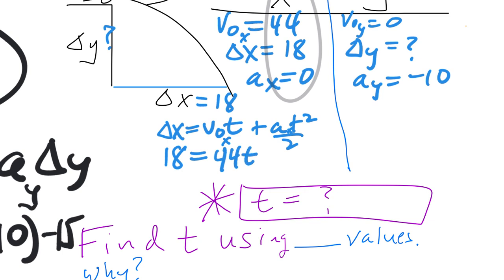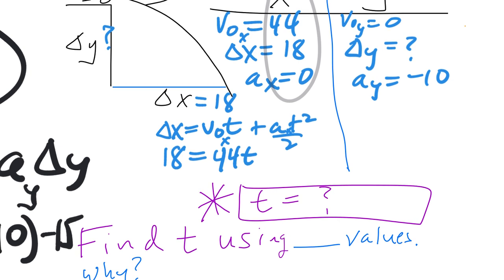Remember, we're always trying to find the time first if it's not given. And AX is 0, so it cancels this whole term out. So t is equal to 18 divided by 44, which is 0.41 seconds.